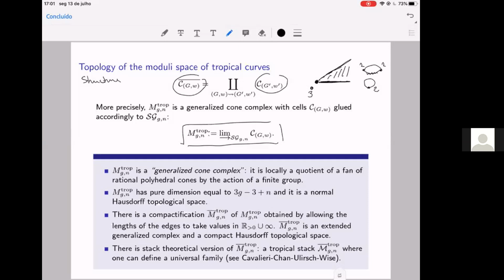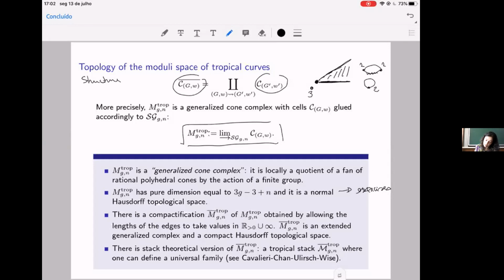So also in the exercises tomorrow, we'll see some of these properties. We'll see that this has pure dimension equal to 3g minus 3 plus n. You can also show that this is a normal, Hausdorff topological space. There is a compactification of these, which is just allowing for the edges to take value infinity.